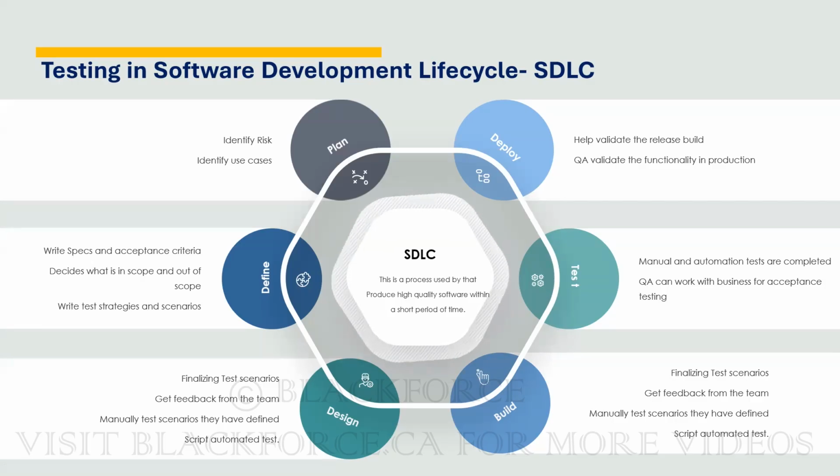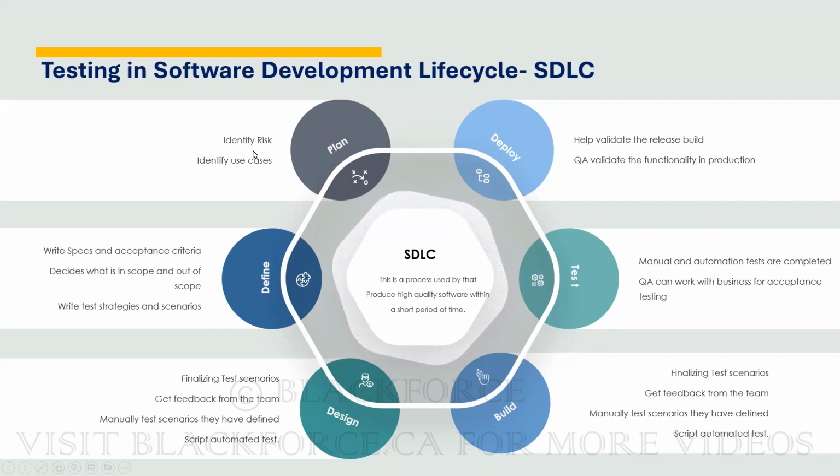But in the traditional waterfall style, they always got involved towards the build phase, right? Now they realize that the software tester needs to be part from the planning phase, right? So what is the quality assurance person doing in the planning phase?